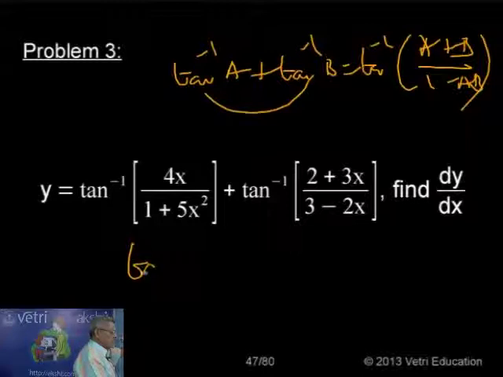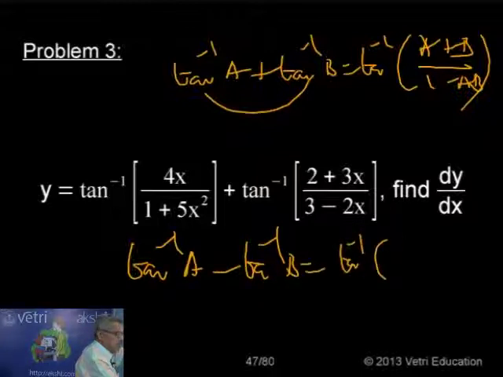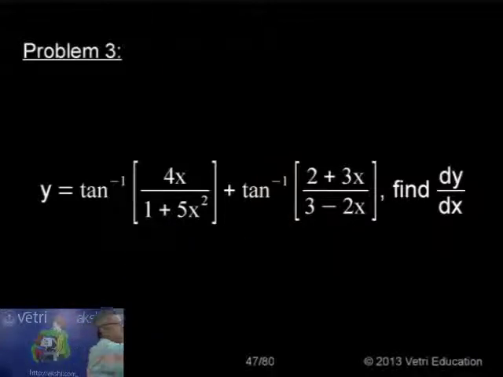Similarly, we can also use the formula tan inverse a minus tan inverse b is equal to tan inverse (a minus b) by (1 plus ab). So, either this formula or this formula can be used to reduce this to a simple function. Let us see how it is reduced.